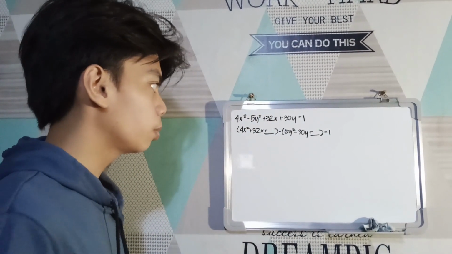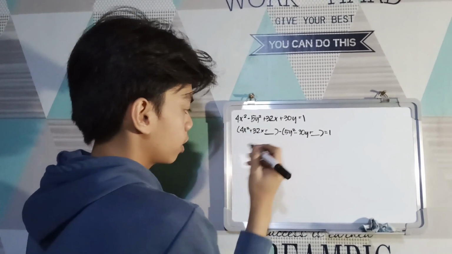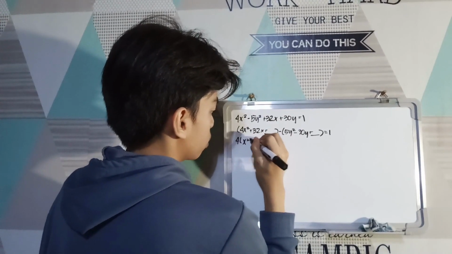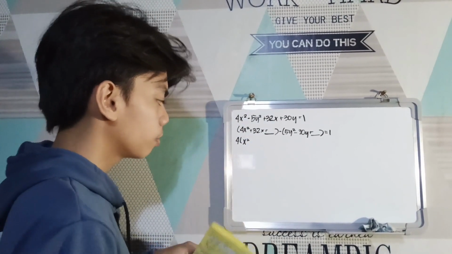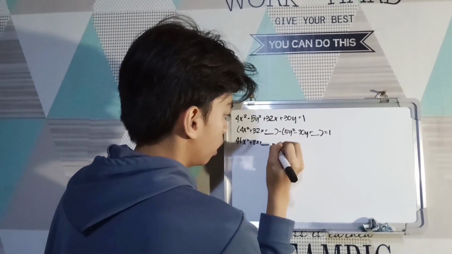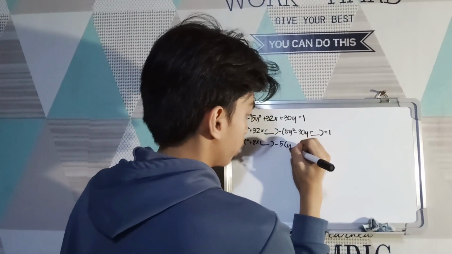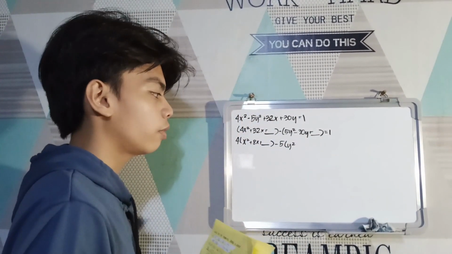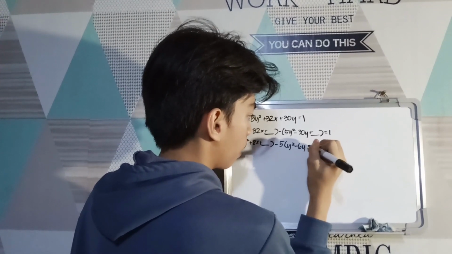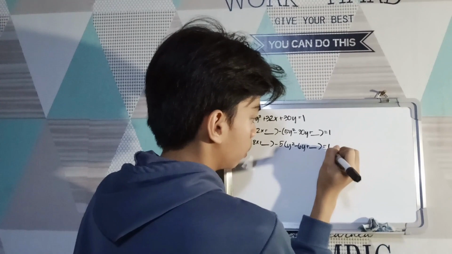After we group them, we factor out 4 and 5. So, we have 4 times x squared; 32 divided by 4 is 8. So 8x plus blank, minus 5 times y squared; negative 30 divided by 5 is negative 6. Negative 6y plus blank. Then equals 1.